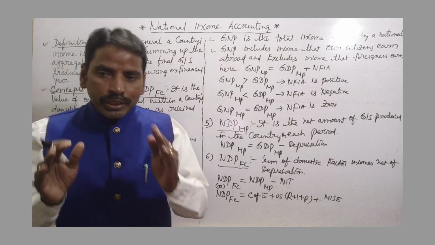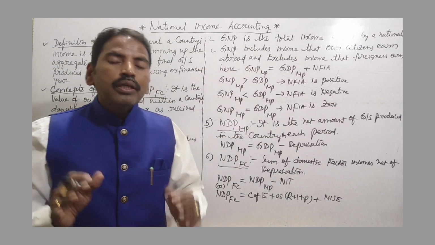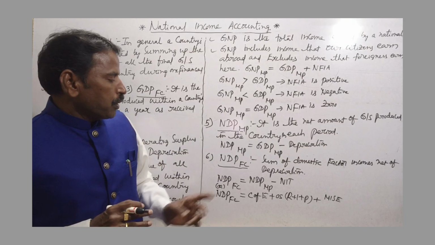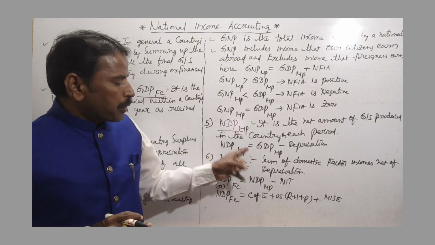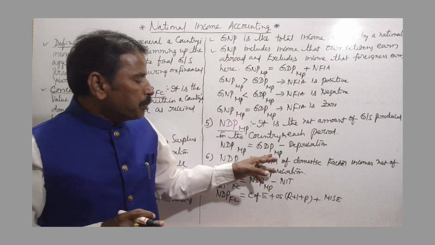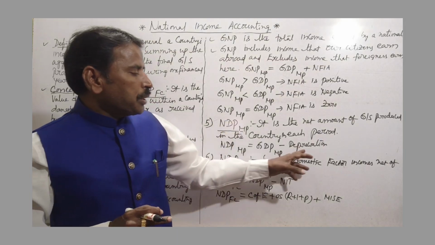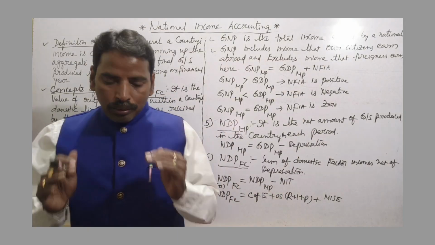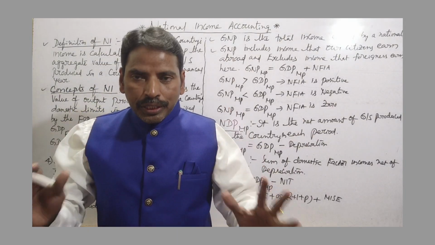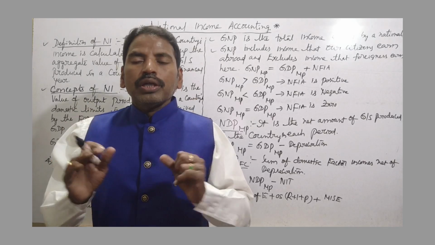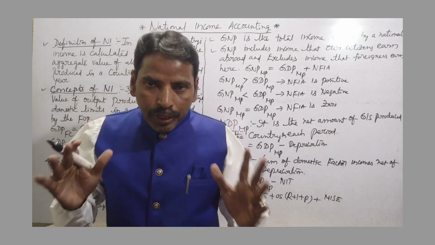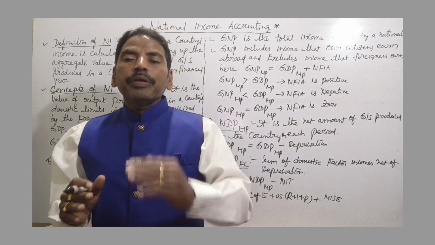The difference between gross and net is depreciation. Therefore, NDP market price is equal to GDP market price minus depreciation. Depreciation means consumption of fixed capital or user cost, the amount of wear and tear, the cost of repairs and renewals.